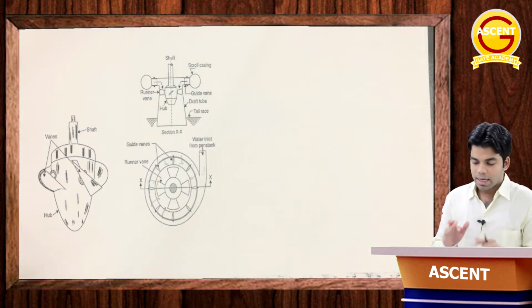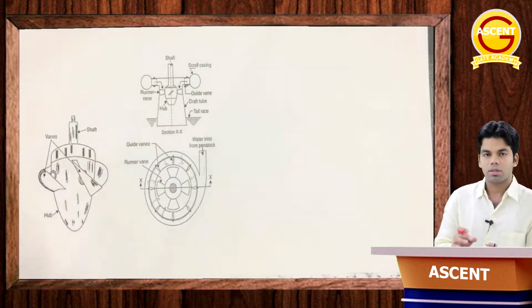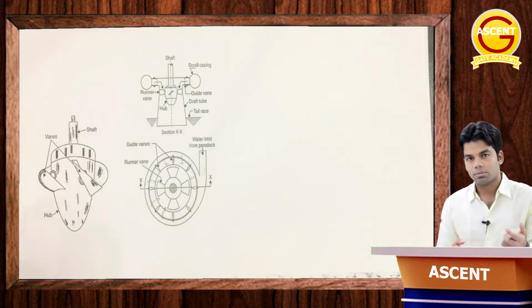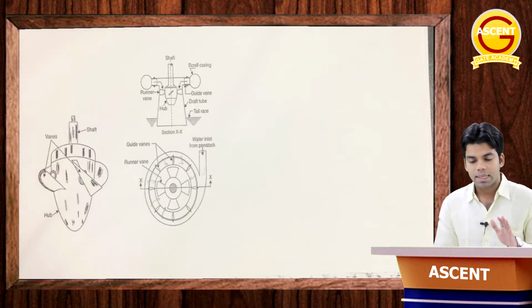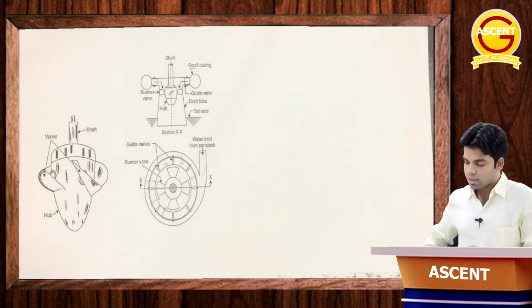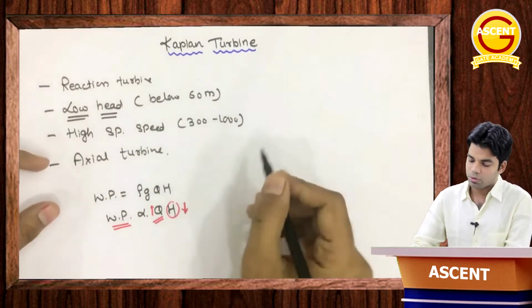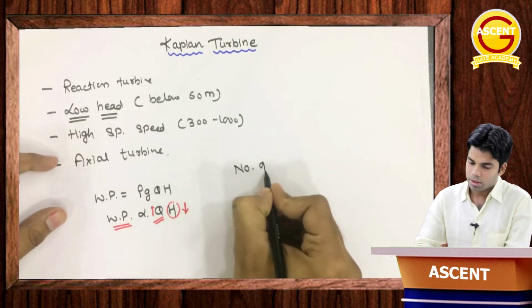Second thing, the number of blades, because the number of blades also affects the flow, as we have seen in the Francis turbine. The number of blades has to be very less. In this Kaplan turbine, the number of blades we use is 3 to 8.